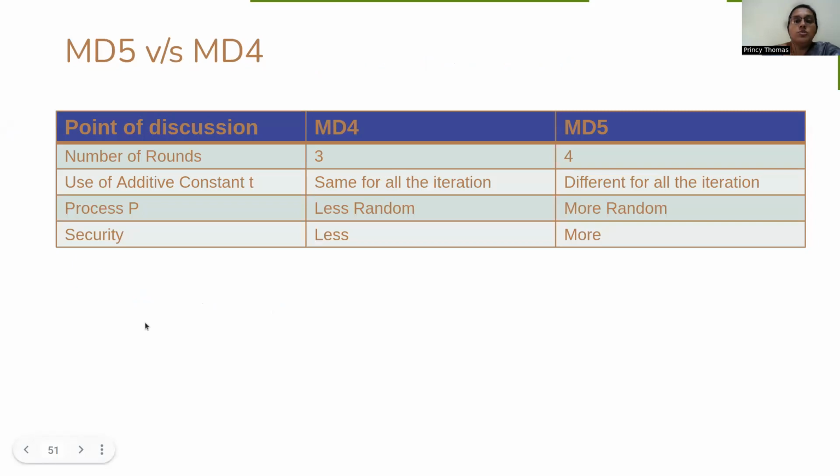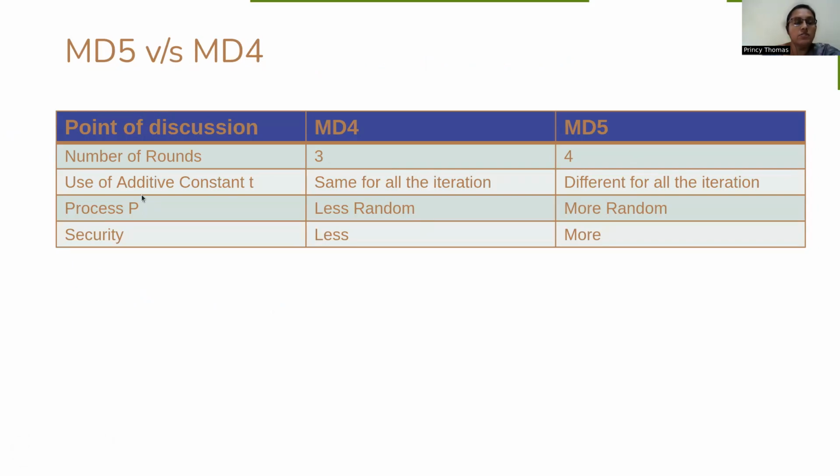Okay, so with this, we have seen how MD5 converts a 512-bit block to a 128-bit message digest. And this is a small comparison between MD4 and MD5. The number of rounds in MD4 is 3, and in MD5 there are 4 rounds.